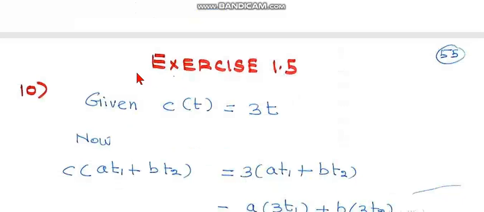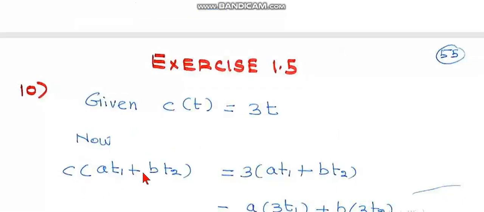In the problem, the definition for a linear circuit is given. If C of at1 plus bt2 is equal to a C of t1 plus b C of t2, then we will call that circuit a linear circuit. Now you are given C of t equal to 3t.